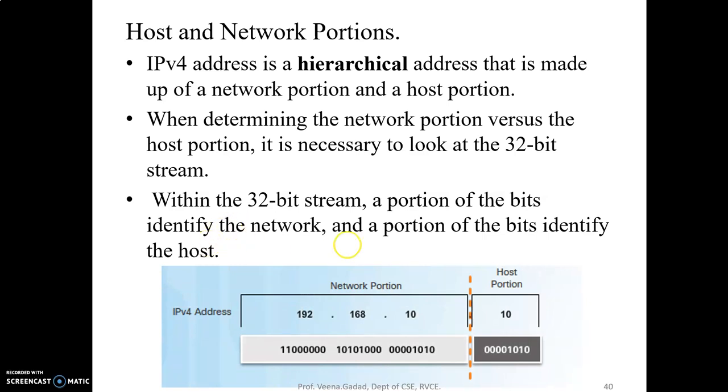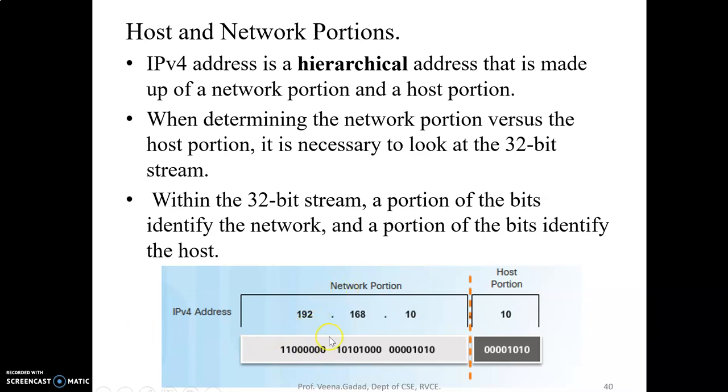Let us take an example wherein the last 8 bits represent the host and 24 bits represent the network. This is typically a class C network. We discussed this when I was discussing classful addressing.